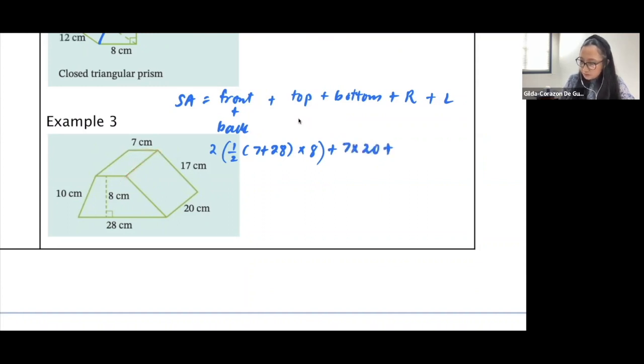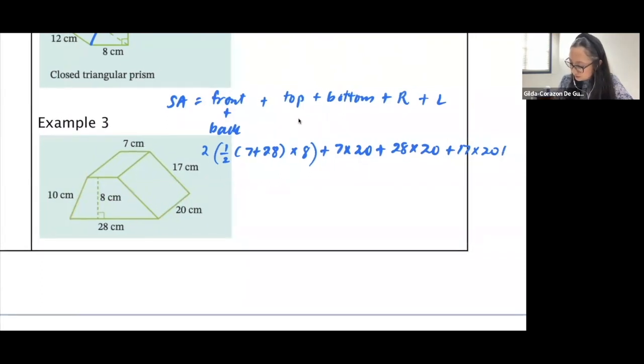We've got the bottom, which is 28 by 20. And then we've got the right, which is 17 times 20. And then lastly, you've got 10 times 20.